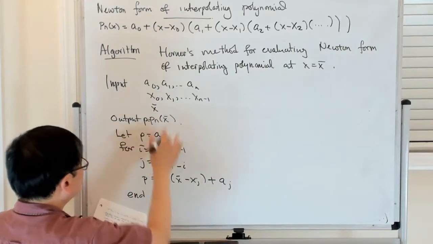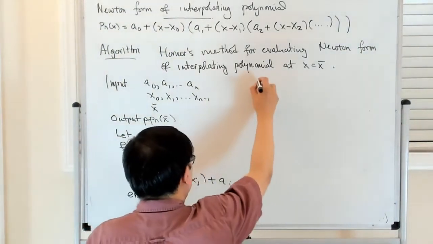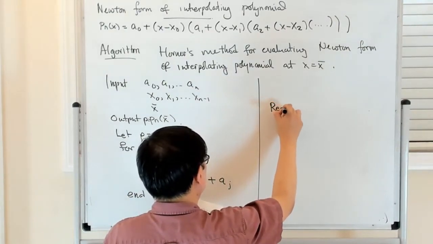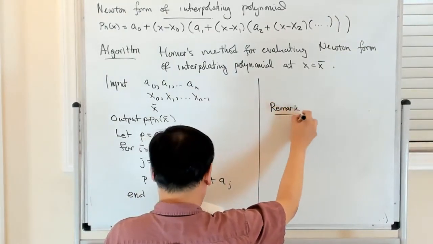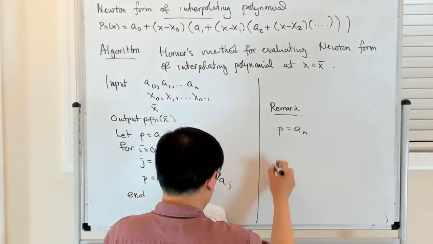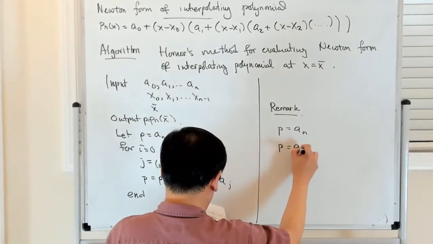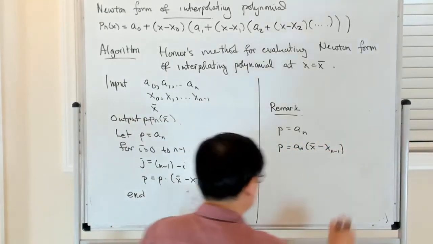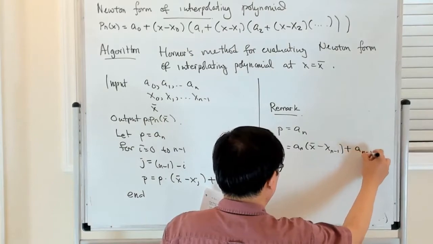So that's really the only thing Horner's method is doing. Let me make a small remark as to what's going on. First pass, p is equal to an. Next pass, p is equal to an times (x bar minus xn minus 1) plus an minus 1.